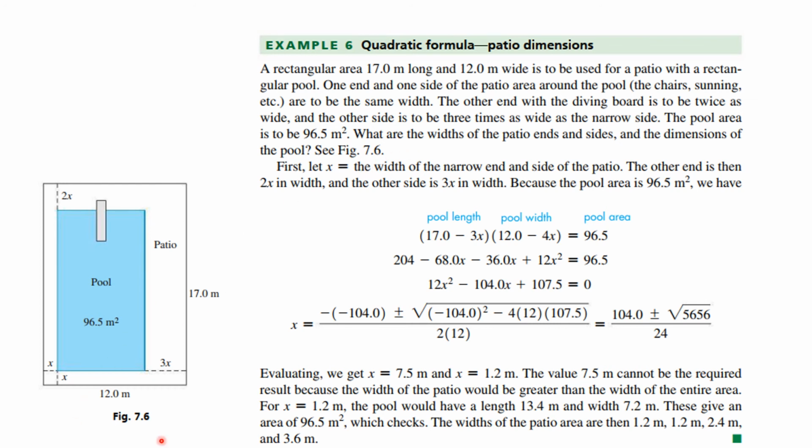Well, you let x be this dimension, and that also is this dimension. This is the place that is 2x, and this is the place that is 3x.